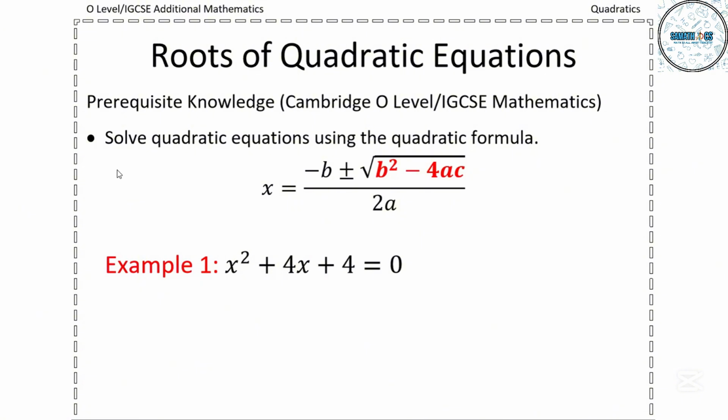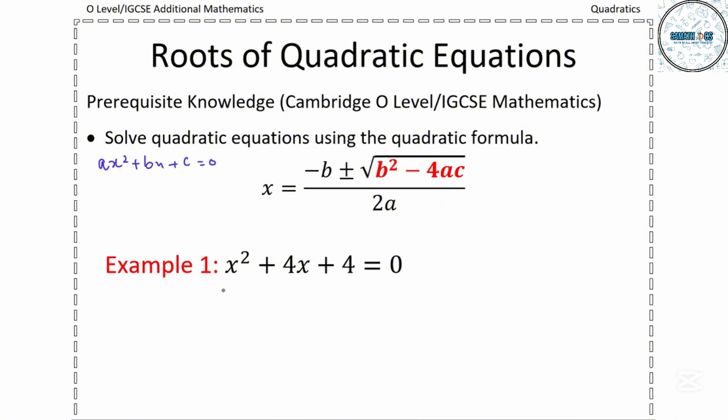Whenever we have a quadratic equation in the form ax squared plus bx plus c equal to 0, we can use this formula to find the roots of the equation. Let's solve an example. Here, we have x squared plus 4x plus 4 equal to 0.